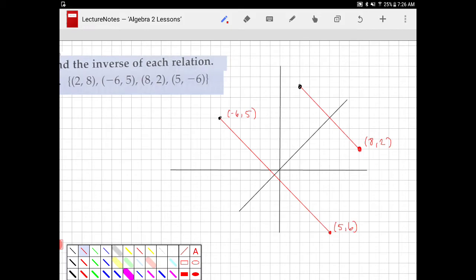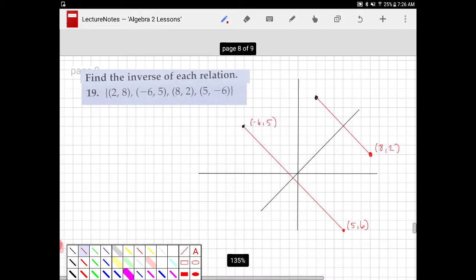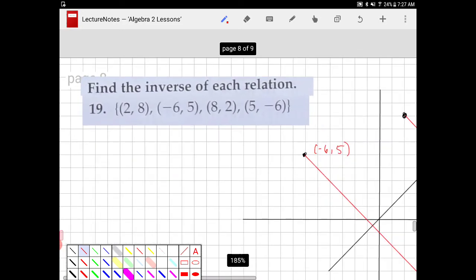All right, so what's the pattern here? When I reflect something over the line y equals x, the x and y coordinates get reversed, which is why the domain and range are flipped between the inverse function and the original function. So to answer this question, find the inverse of each relation here.